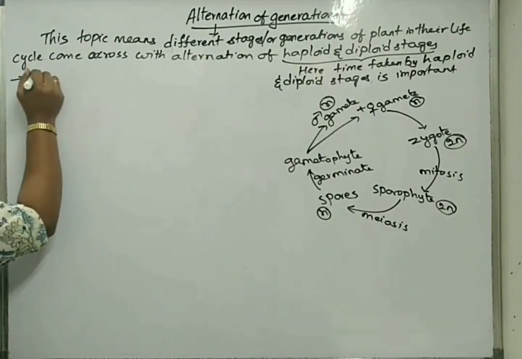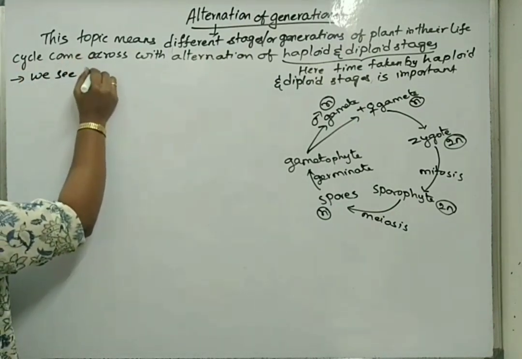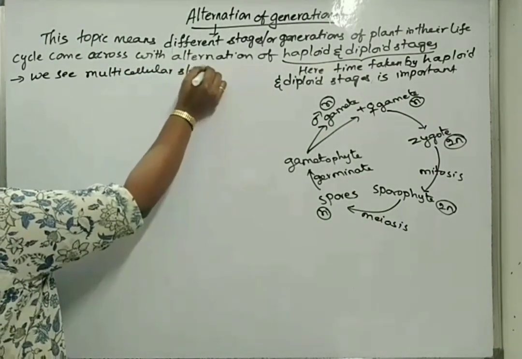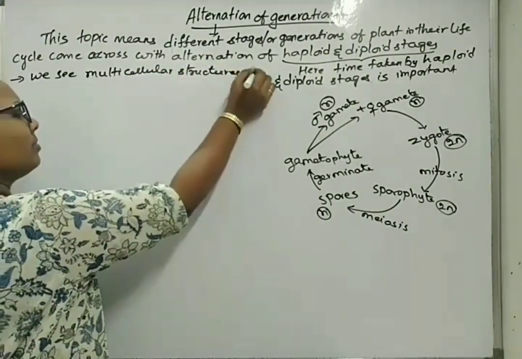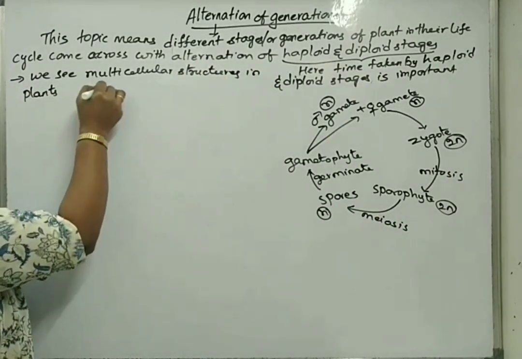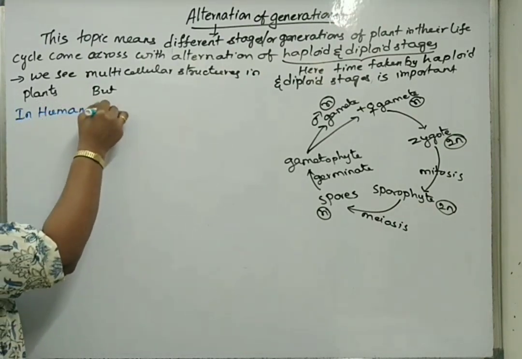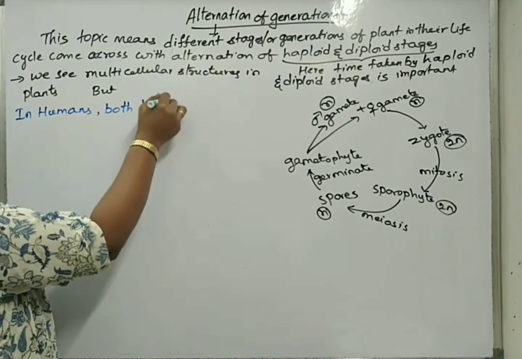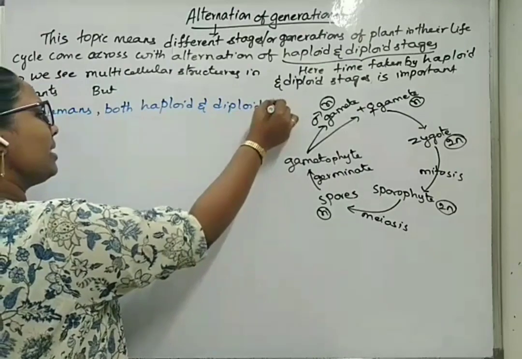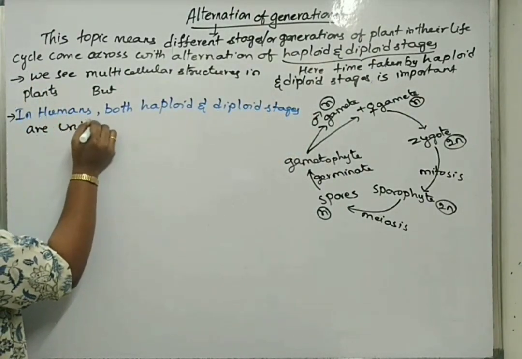Now, in plants we see multicellular structures, but in humans both haploid and diploid stages are unicellular.